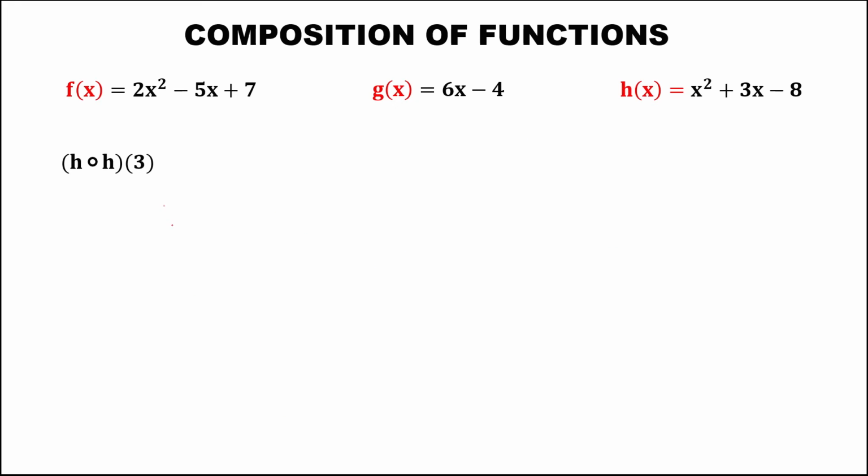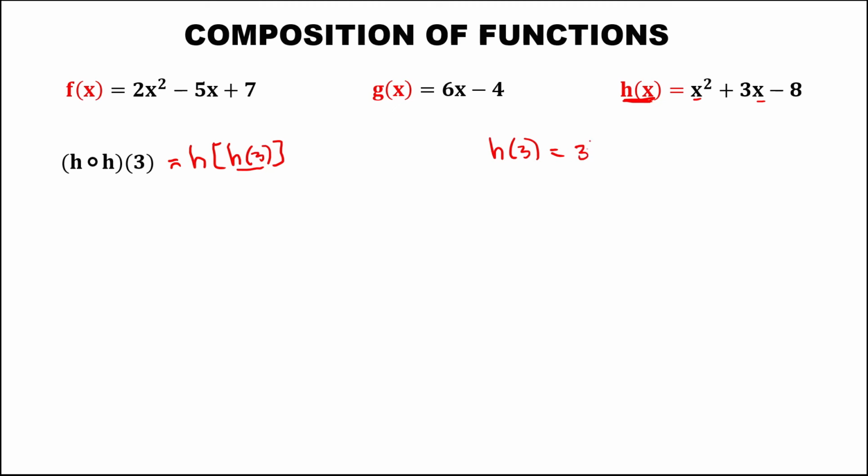Then for this last one, this is equal to h of h of 3. So we need to find first the value for h of 3 from h of x, where x is equal to positive 3.